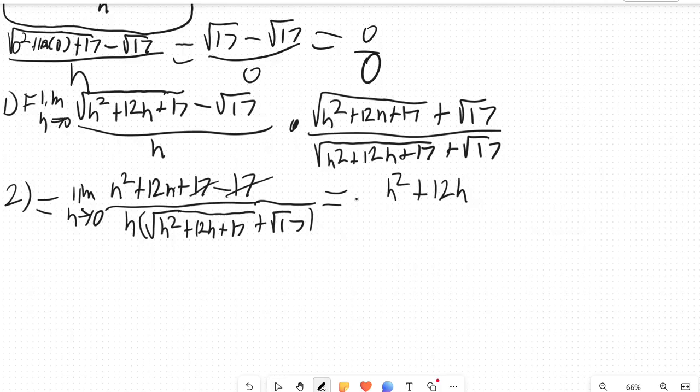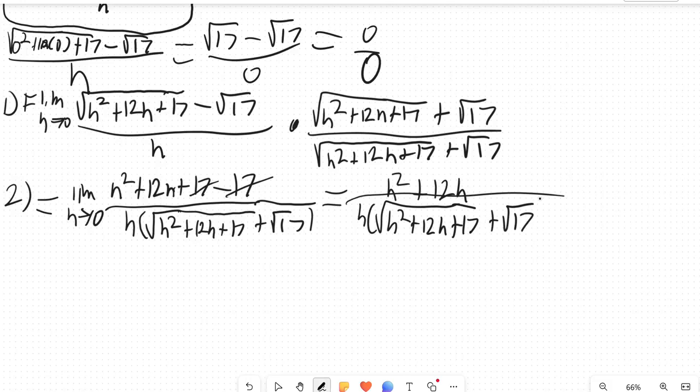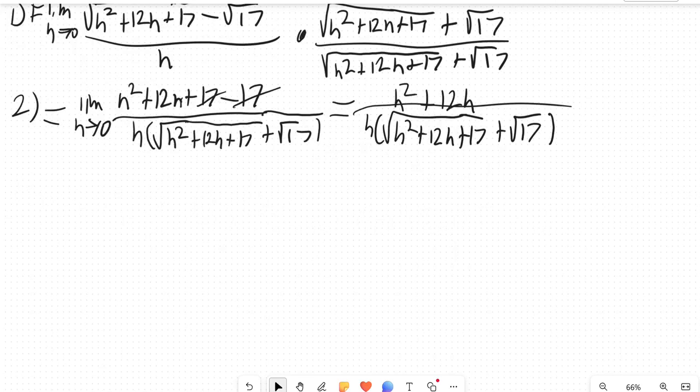So we have h squared plus 12h over h, parentheses, square root of h squared plus 12h plus 17 plus square root of 17. Moving on to step 3, we will take out our h and cancel them out. So as the limit as h approaches 0, our h squared plus 12h will become an h outside of the parentheses times h plus 12 on the top.